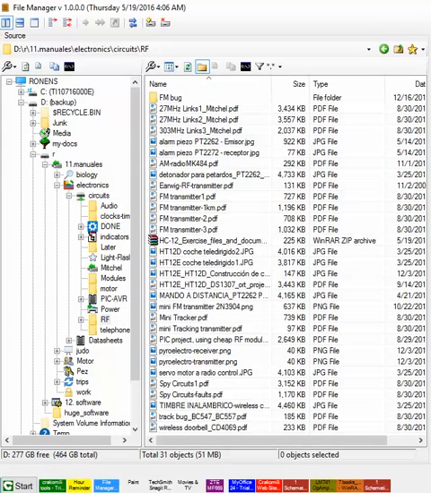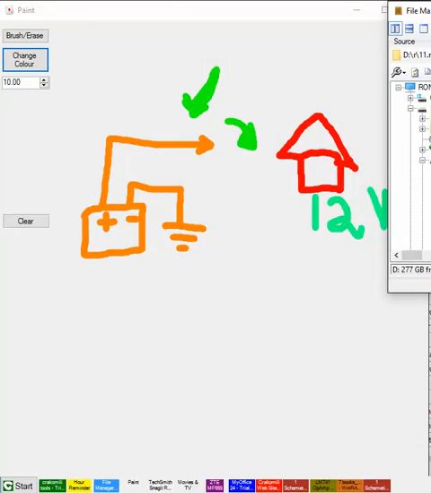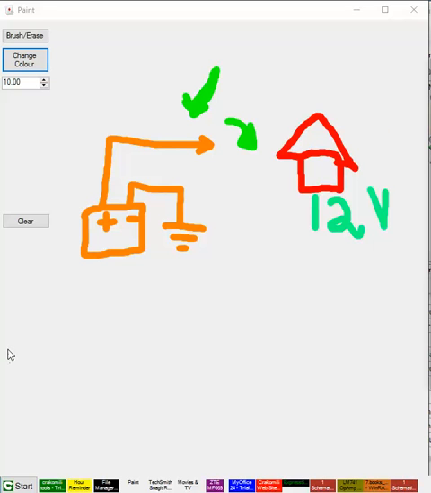Just a minute, I'm sorry. I will pause for a moment. Okay, I found it, that circuit.